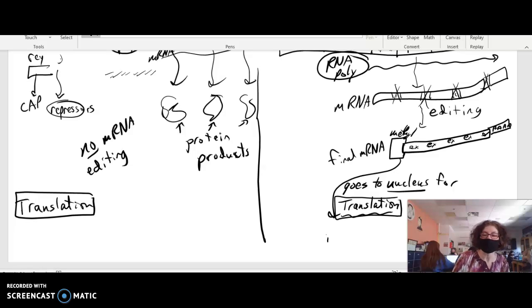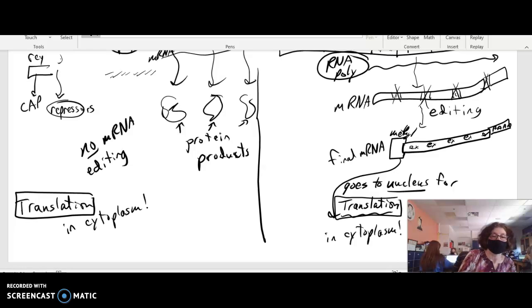Over here, we're in the cytoplasm, right? Here, we're in the cytoplasm too, but it can be simultaneous. Is it okay for me to use that big SAT word? Simultaneous with transcription.